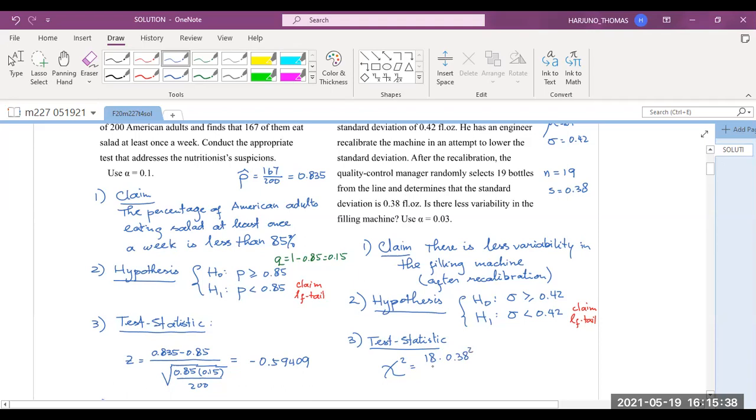Don't forget, you need to square it because 0.38 is the standard deviation, divided by the population variance. That's 18 times 0.38 squared over 0.42 squared. I get 14.73469.